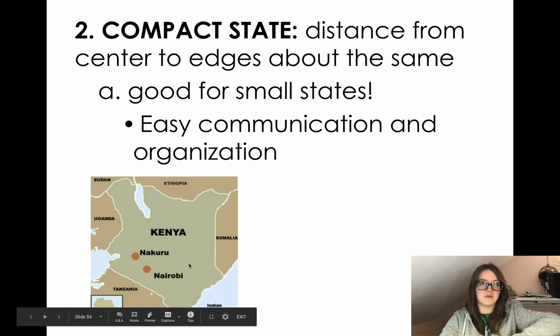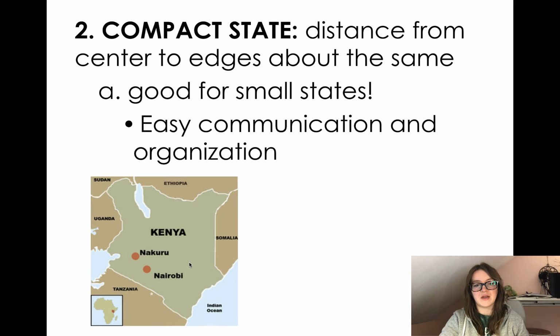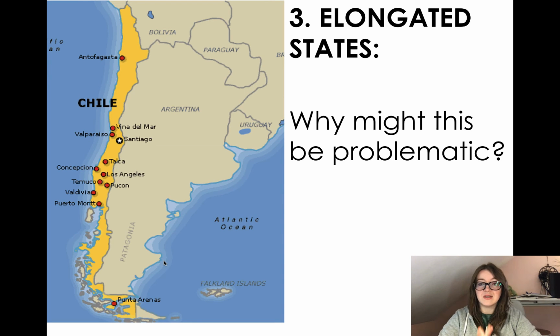There's nothing really crazy one way or really narrow one way. Pretty compact. This is really great for small states. So it allows for easy communication, allows for a lot of organization. They don't have to stretch out to reach anyone. They don't have to reach other parts of the country that might not be attached. It's really nice.